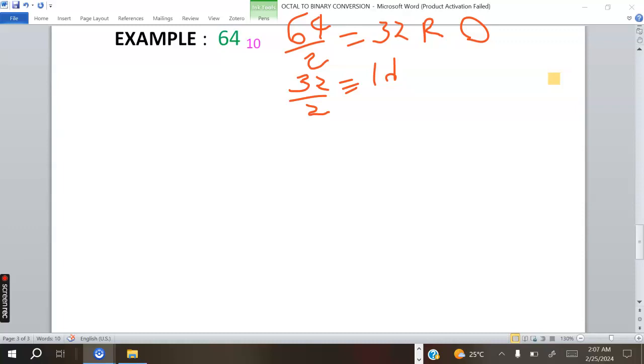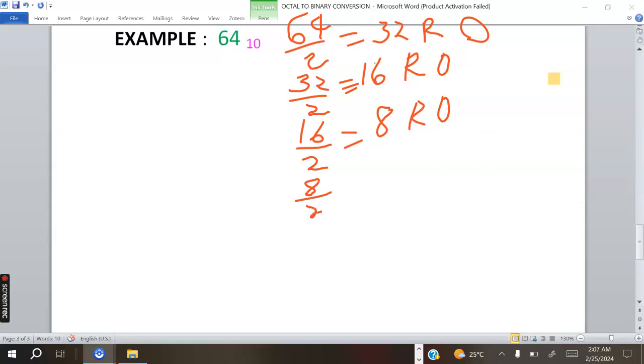We have 16 remainder 0. Then we have the 16 divided by 2, you get 8 remainder 0. Then we have the 8 divided by 2, you get 4 remainder 0.